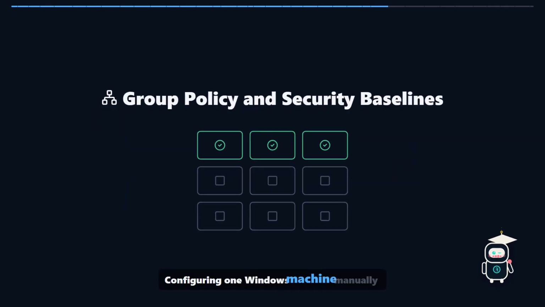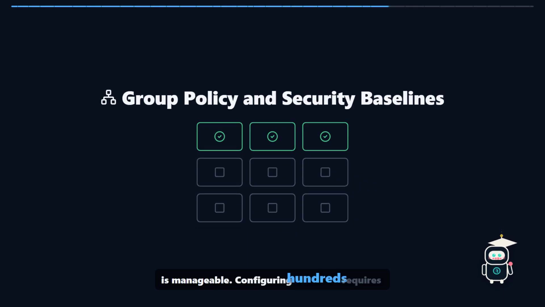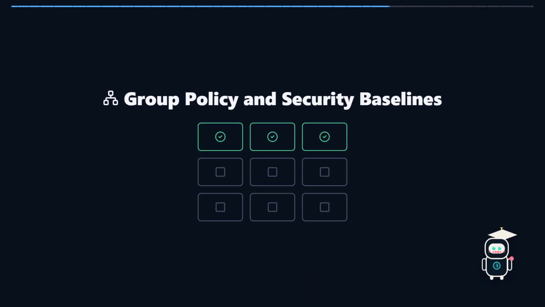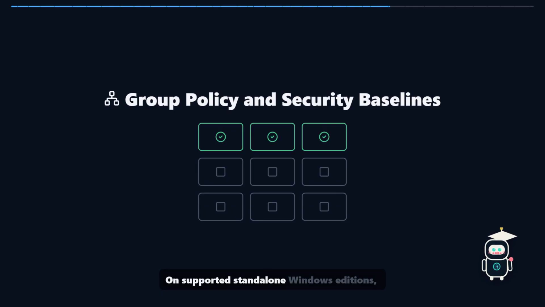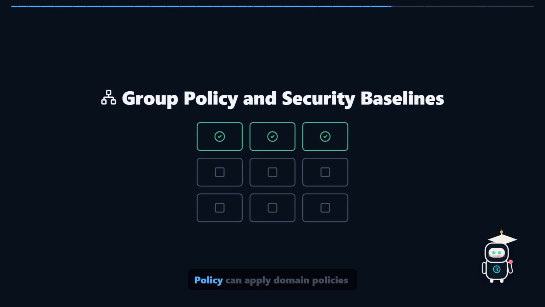Configuring one Windows machine manually is manageable. Configuring hundreds requires centralized policy and careful testing. On supported standalone Windows editions, local group policy can help administrators manage local settings. In an Active Directory environment, group policy can apply domain policies to selected users and devices.